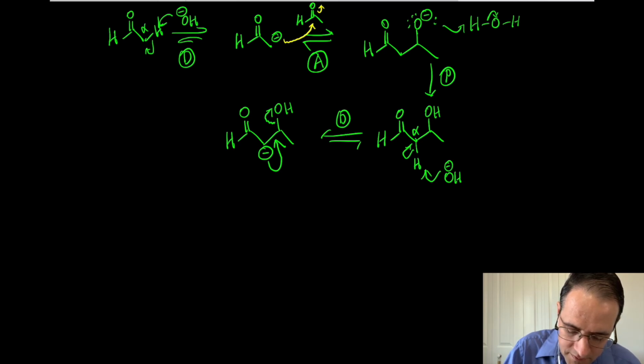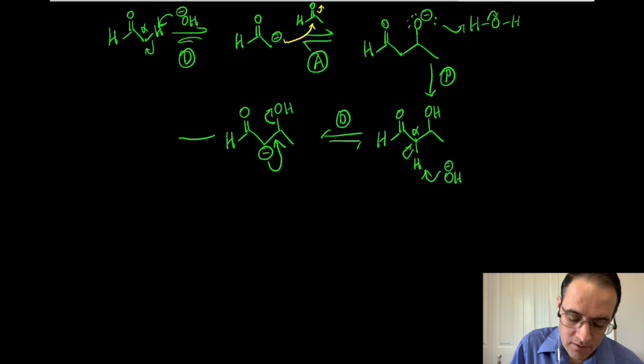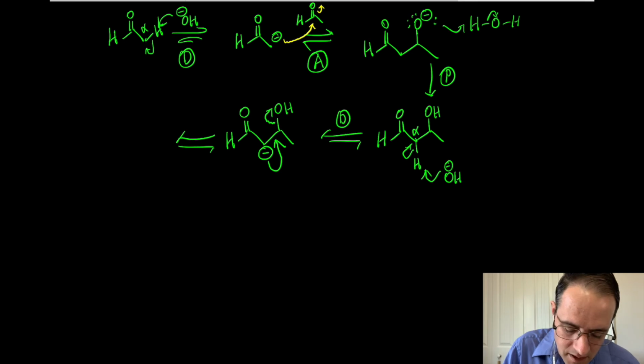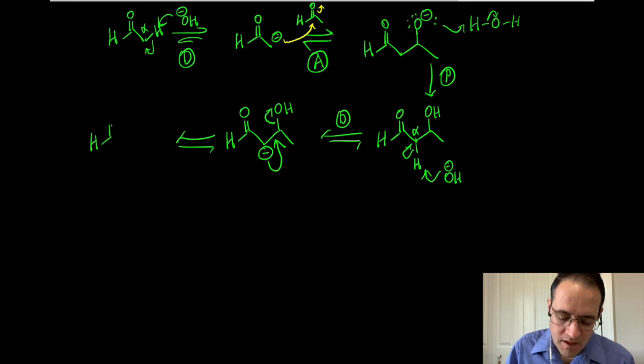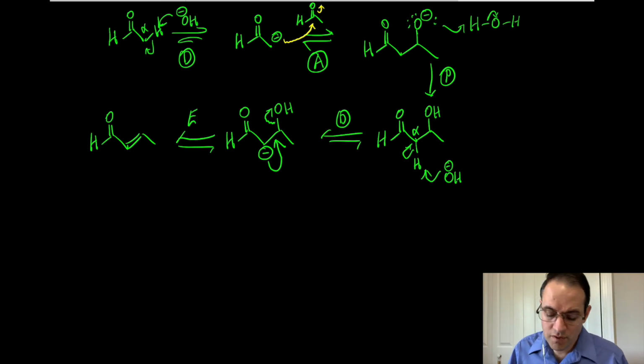So this is yet another example in organic chemistry where you do indeed have hydroxide as a leaving group because you have an internal nucleophile, okay? We saw that with some other reactions with carboxylic acid derivatives. So this is going to give you, and this step is essentially irreversible, but I'll just draw it as an equilibrium here, and so what you form is the alpha beta unsaturated aldehyde. Okay, so that's the elimination step.